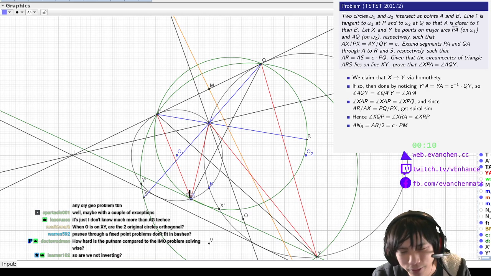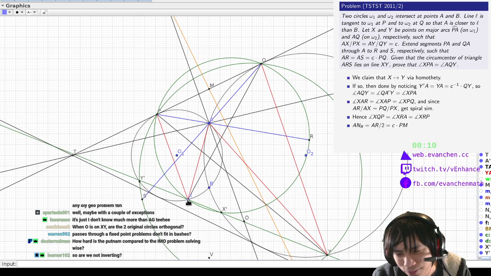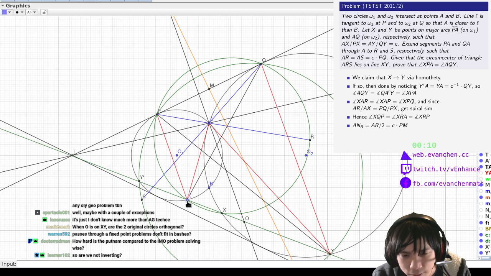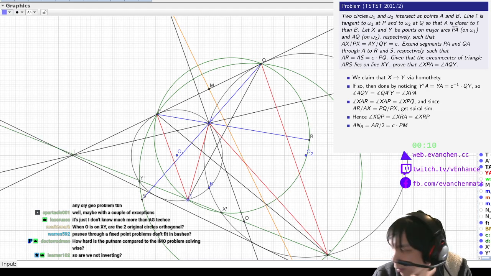Are we not inverting? I don't really want to, honestly. I would tolerate inversion at A. Inversion at T also seems like it might be promising.